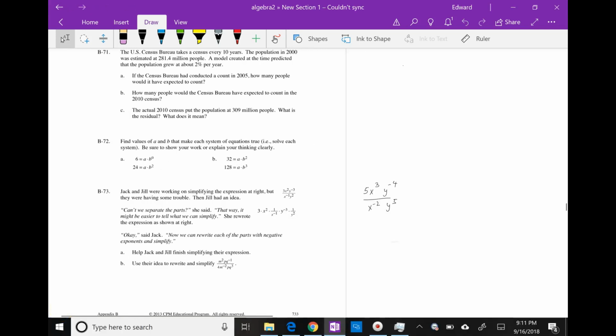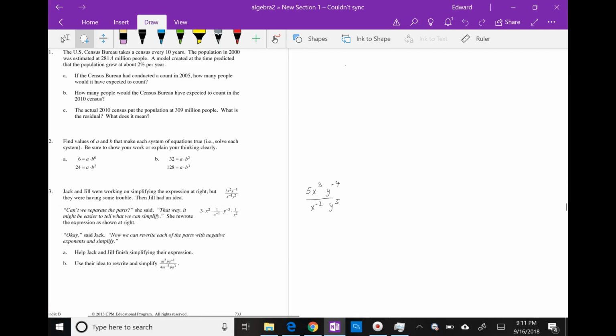Okay, B73 is talking about one of these fancy exponent problems. And how do you rewrite this thing by breaking it apart? Well, one strategy that they talked about here is just separating everything. So we have 5 times x to the third times 1 over x to the minus 2 times y to the negative 4 times 1 over y to the fifth.